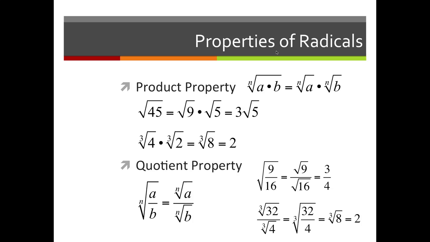So again, this property can be used in either direction, either taking the root of a quotient and splitting it up into two radicals, or taking the quotient of two radicals and putting it back together so that you're taking the root of a single quotient and simplifying from there.